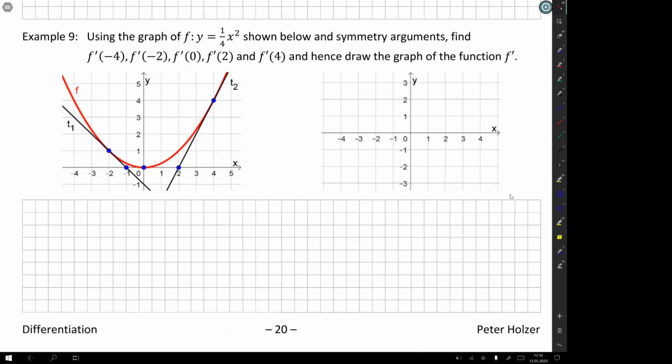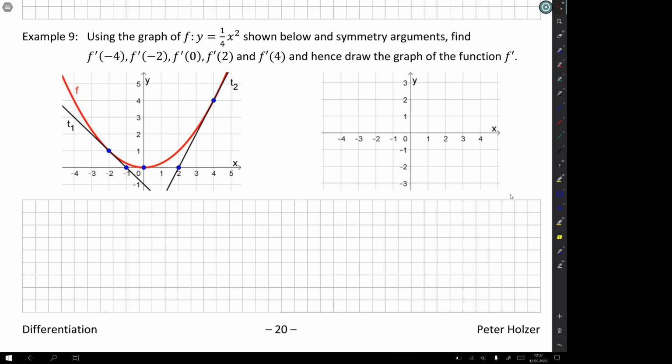In example 9, we're going to look at the graph of the function y equals 1/4 x squared, and this time we're not going to find the derivative by calculation, but we want to argue graphically, and that's a preparation for the next section.